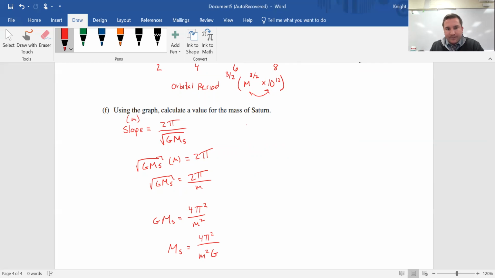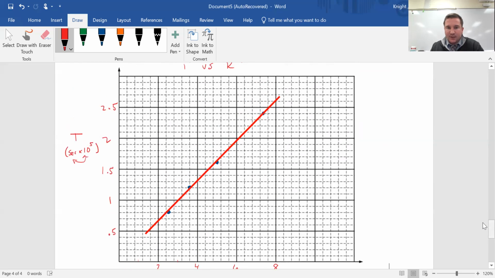So slope, rise over run, I need 2 points. Pick 2 clean looking points. My line sucks. It doesn't look like there's any really clean. This is a clean point. I'll take that one. And I don't know. This one kind of goes through the half right there, pretty even. So I'll take those 2 points.